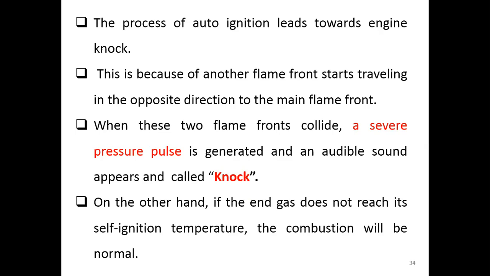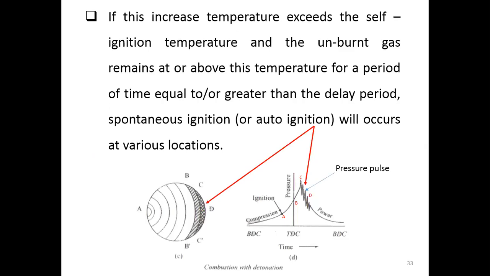And this other flame front will start traveling in the opposite direction to the main flame front. So one flame front goes forward, another flame front goes backward. And when these two flame fronts collide with each other, a severe pressure pulse is generated. That's why you see this kind of pressure pulse here.